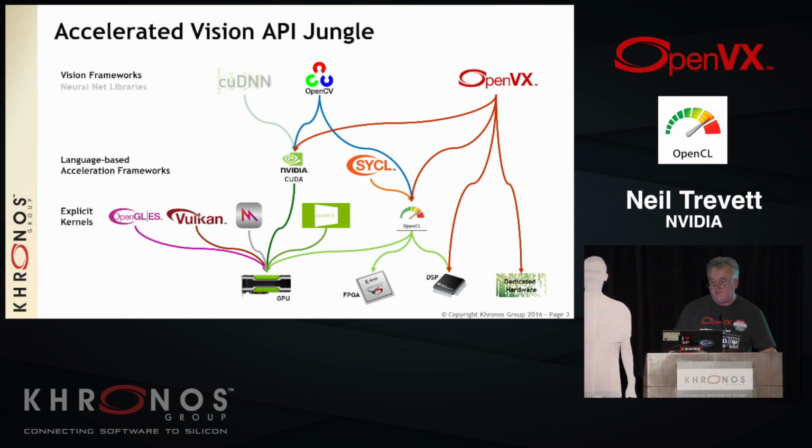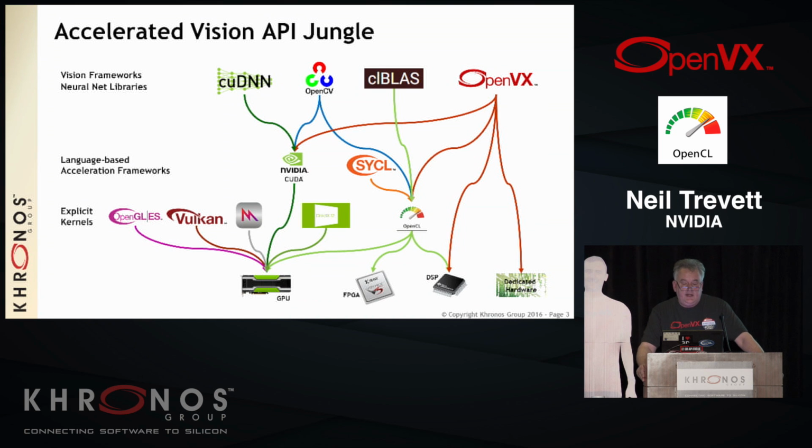I wanted to, last but not least, mention neural nets. Machine learning is becoming obviously a really popular way to do vision processing. You often need to mix and match the two. You often need traditional vision processing to do the front end processing before you feed images into your neural net. But once you start running the neural net, then it really just boils down to doing convolutions.